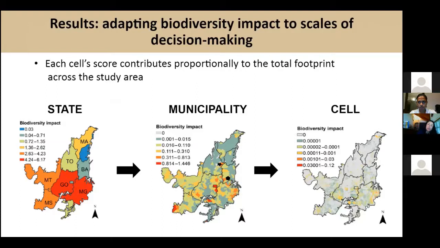Actually, there is one municipality within Tocantins, covered by a little star there, that concentrates most of the impact and is comparable with other municipalities too. And again, we can then move to the cell level, where the heterogeneity of the impact is distributed in much more detail.